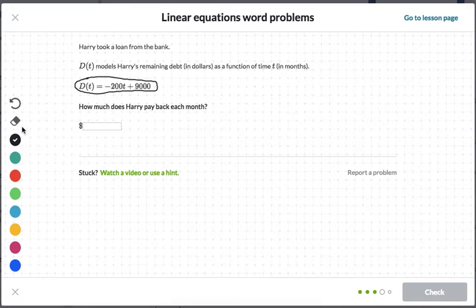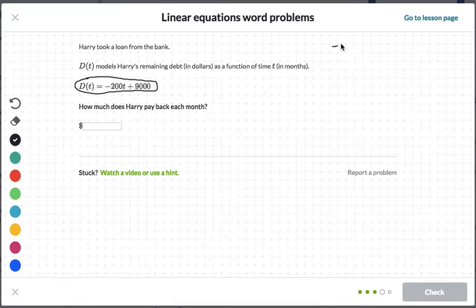$9,000. Now what this function means, and it helps to look at it from the perspective of what it means over time, is a repayment of $200 per month.